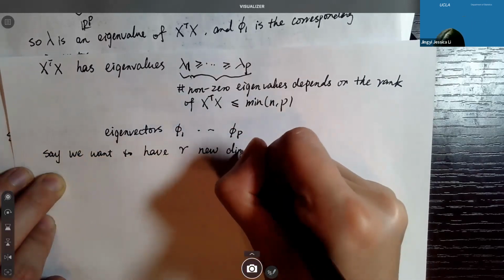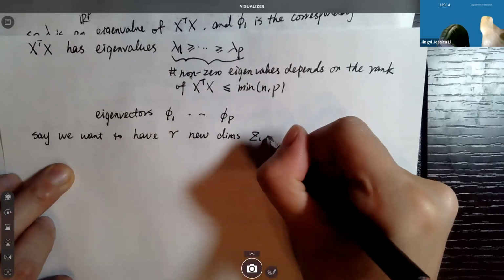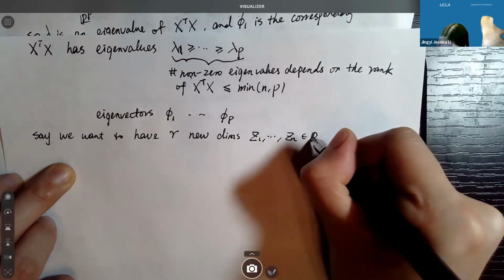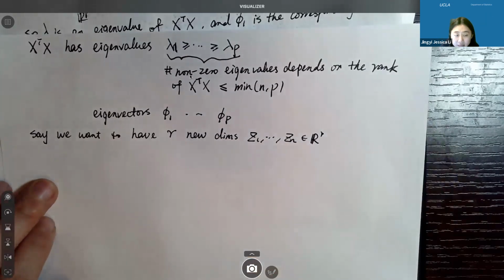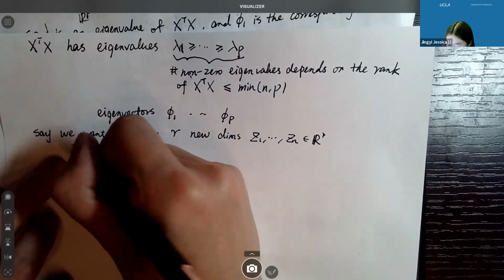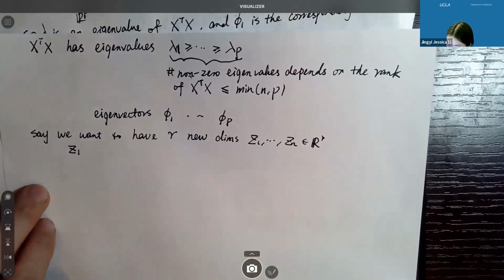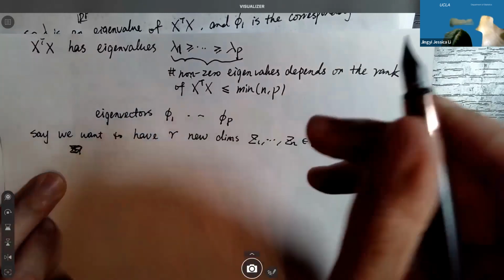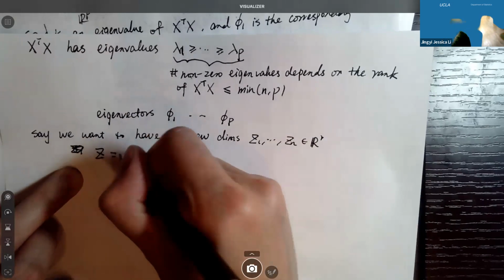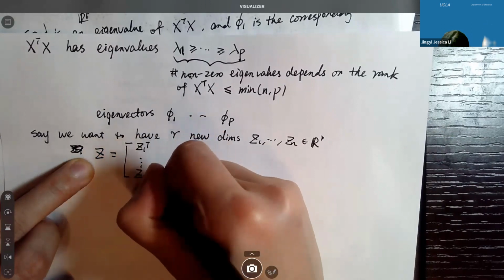That's the dimension of our Z1 to Zn, so each of them is R dimensional, a vector. Let's put the Z matrix as Z1 transpose to Zn transpose.